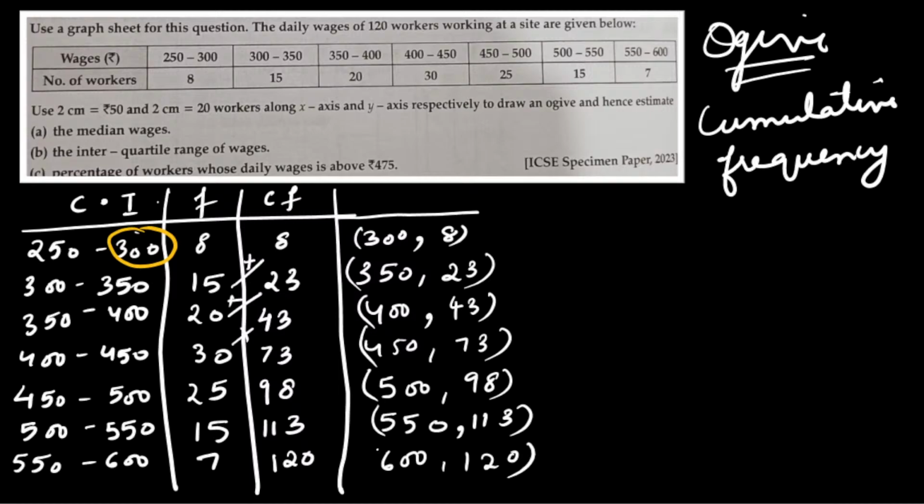So these points we have to plot on the graph. So the first thing you have to do is find the points. Points are the upper limit of the class interval and the cumulative frequency. So class interval along x-axis, cumulative frequency along y-axis.